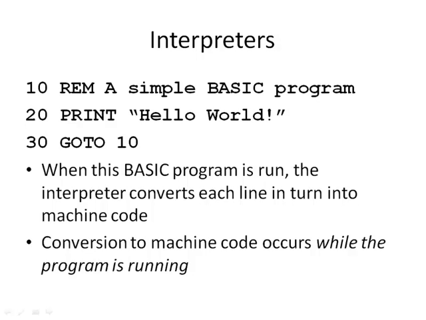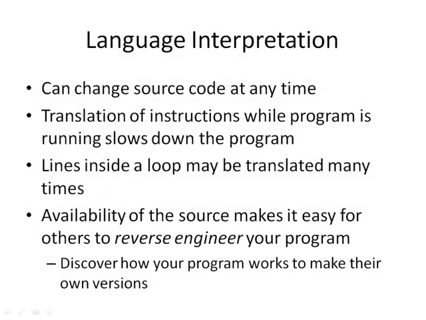So the conversion to machine code occurs while the program is running with an interpreter. There are some advantages in that the code is often much more flexible, in that you can change the source code at any time. Unfortunately, the translation of instructions while the program is running slows down the operation of the program, because it's not just got to carry out the instructions, it's got to convert the instructions into machine code as it goes, and that incurs a time penalty.